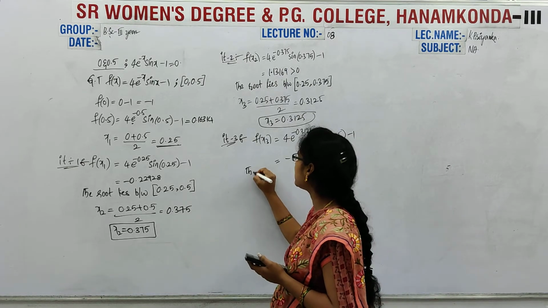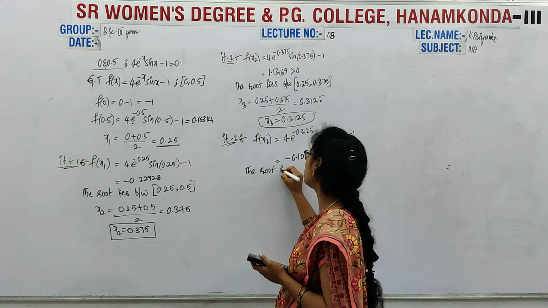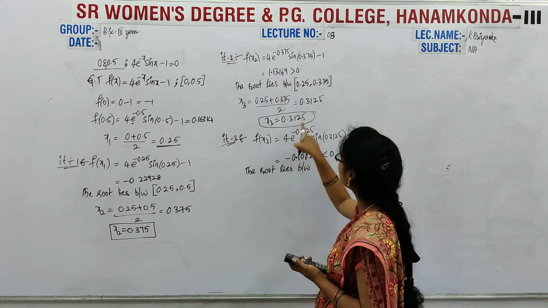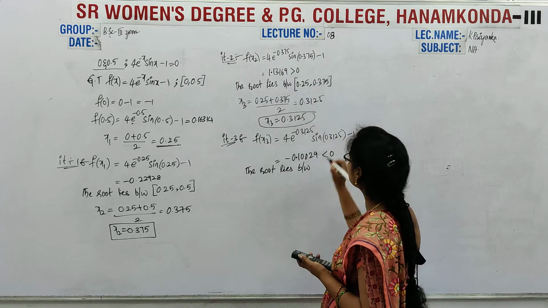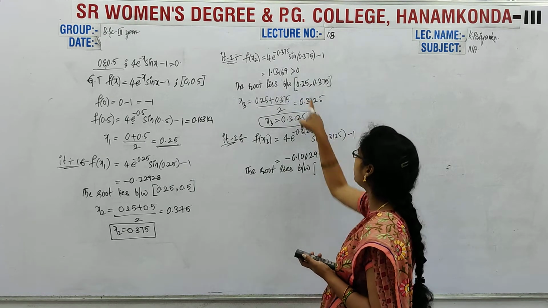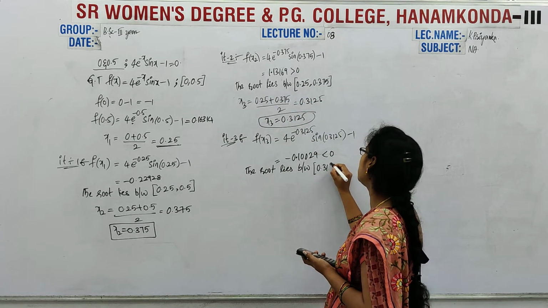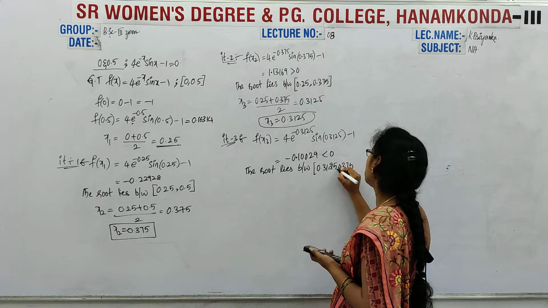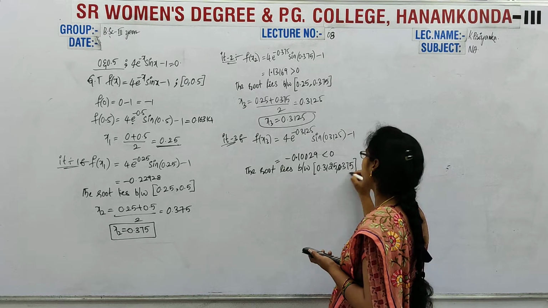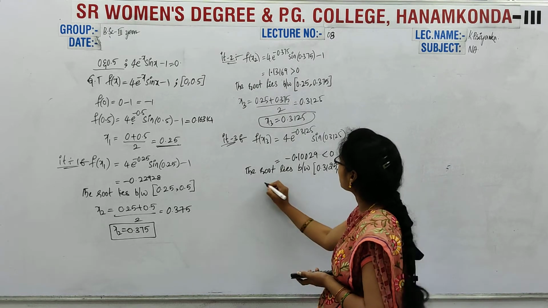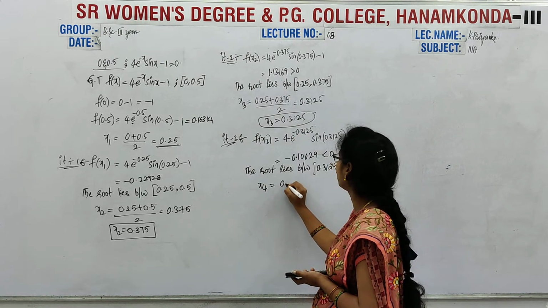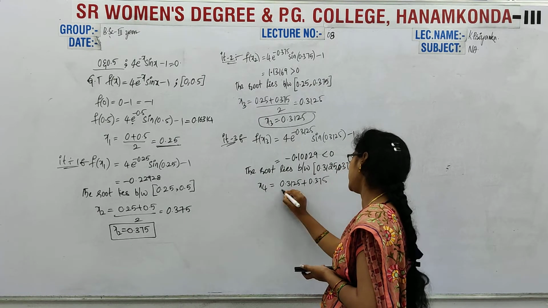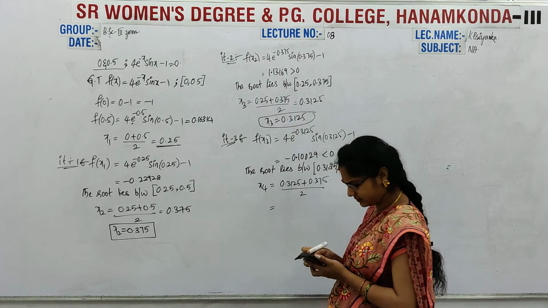So when it is less than 0, what can we say? The root lies between, where does it lie? It is a negative, it is a positive now. Now we have to ignore 0.25. The root lies between 0.3125 and 0.375. Next x4 equals (0.3125 + 0.375)/2. Calculate the value.